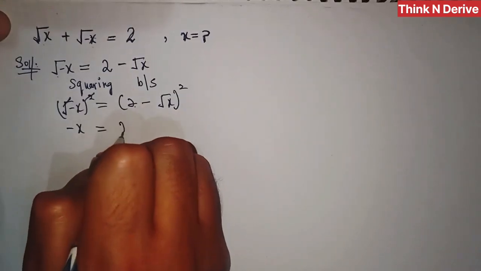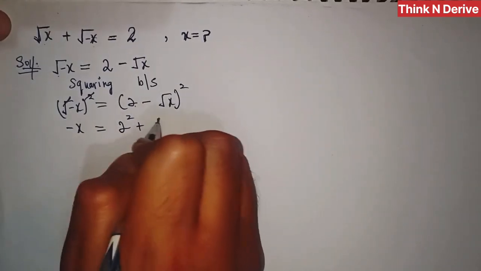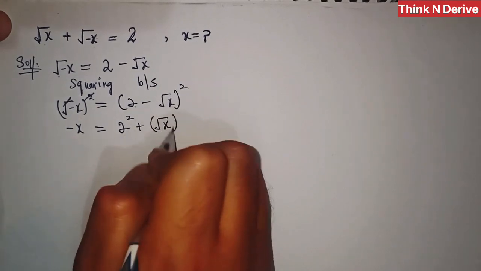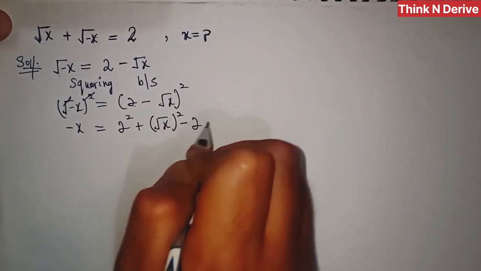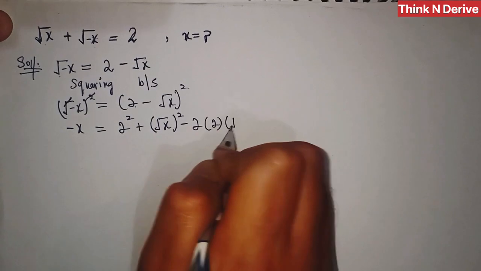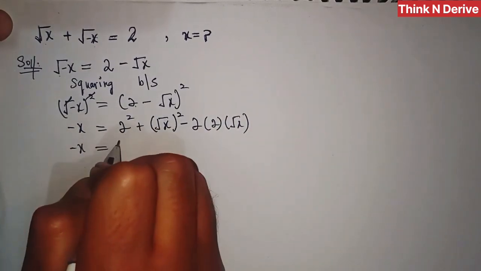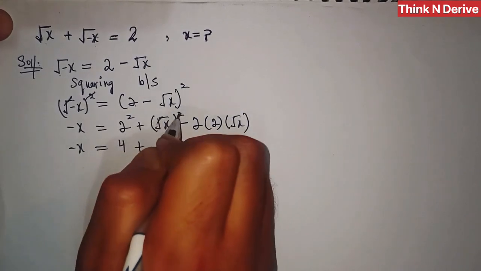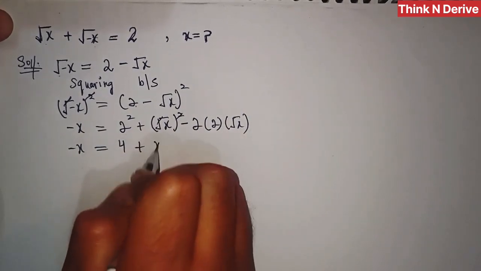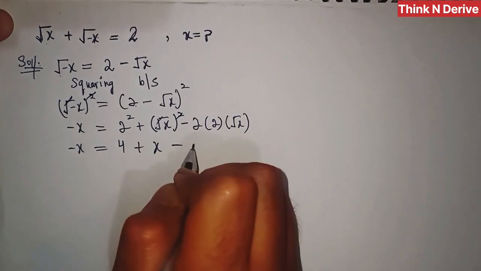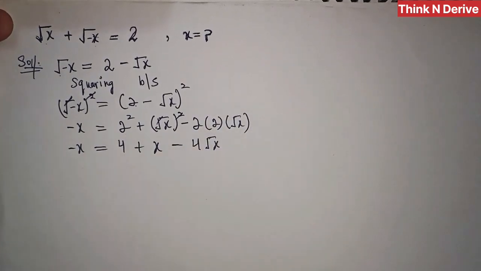So we can write a², that is 2², plus b², that is (√x)², minus 2ab, where a is 2 and b is √x. So -x = 2², that is 4, plus x, as the root and square cancel out, minus 2 twos are 4√x.